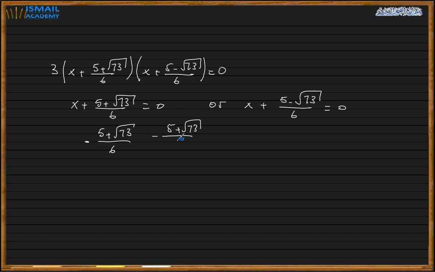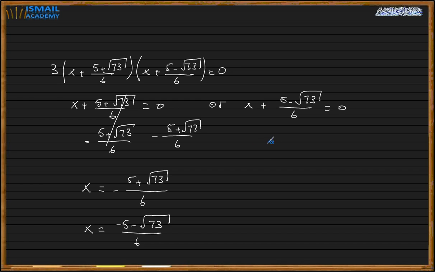Alright, over 6. So this will cancel out. So x will be equal to minus (5 + √73) over 6. And this minus can be distributed on both of them. So if you don't want to have the minus here, it's going to be minus 5 minus √73 over 6. So this will be my x.